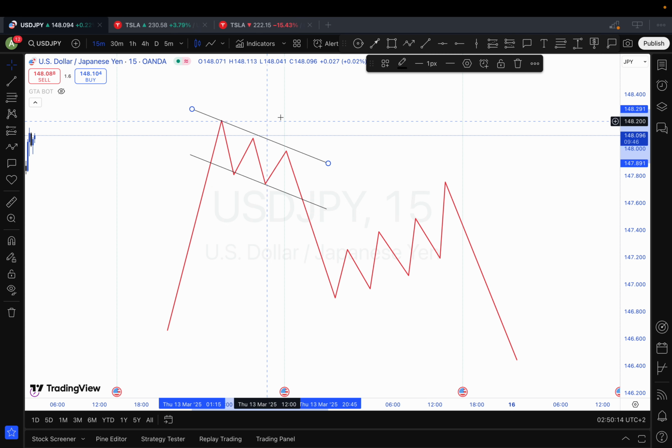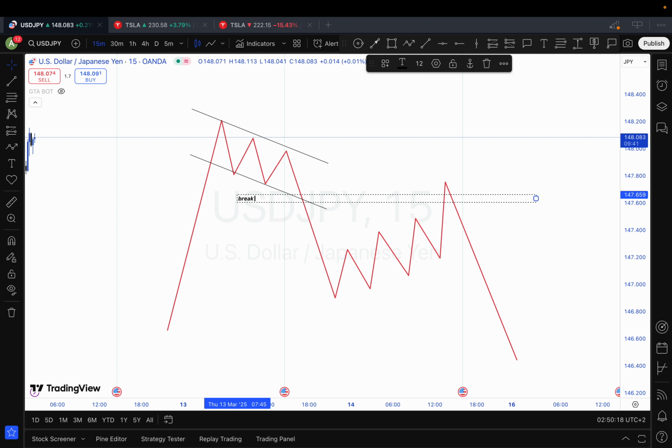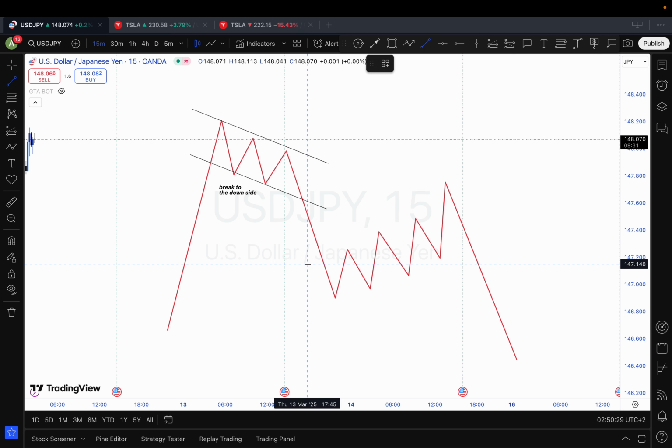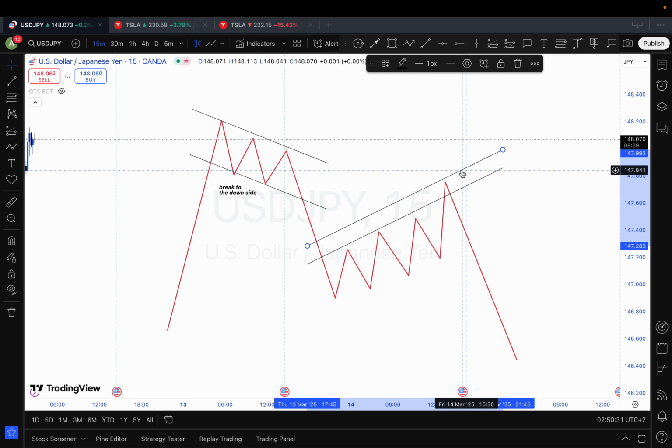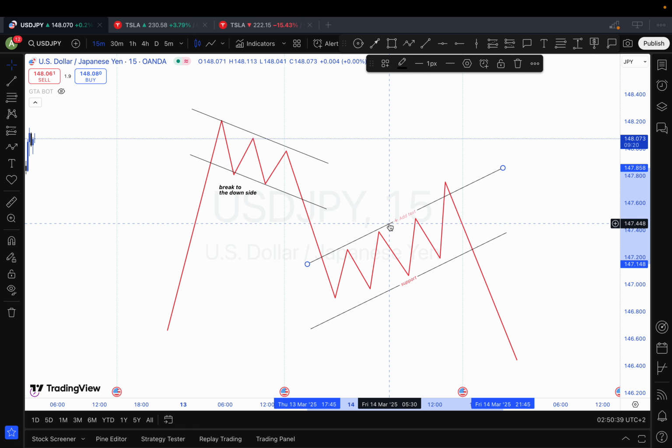We had a break below right here. Let me label it. So we have a break to the downside. Okay, and then we have a support and resistance over here as well, labeling it, and then we have a resistance over here.